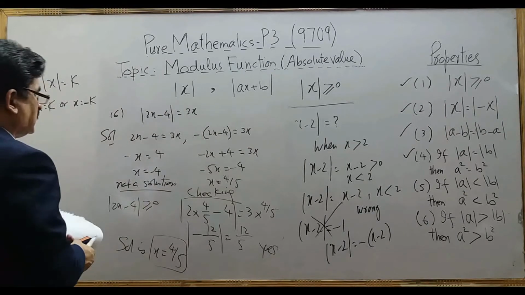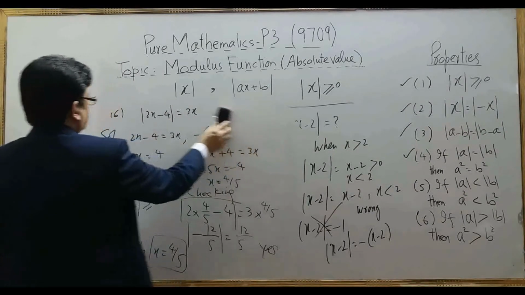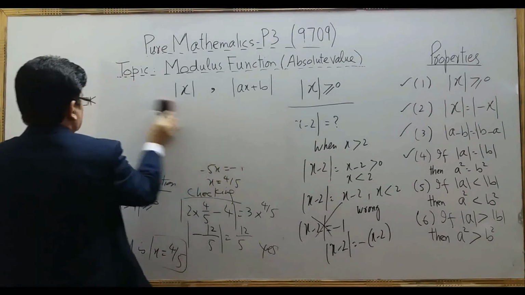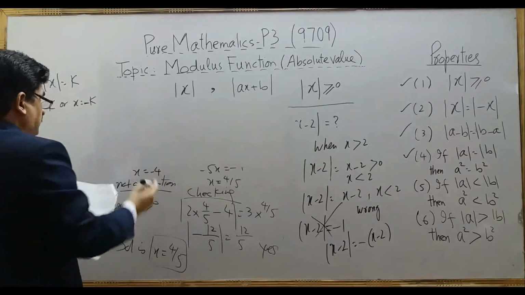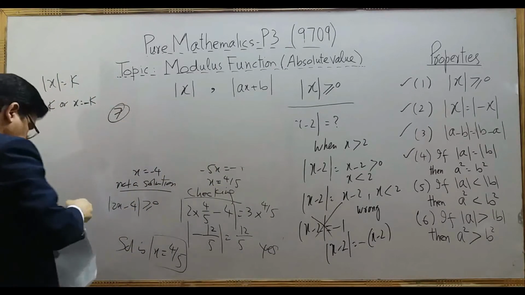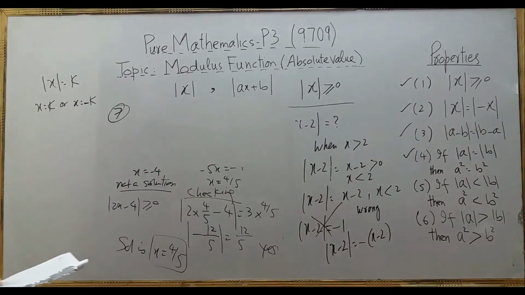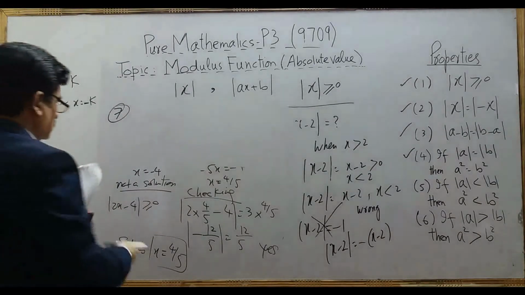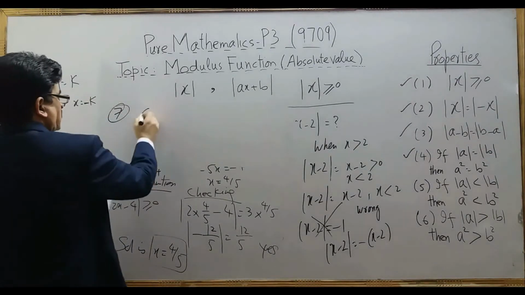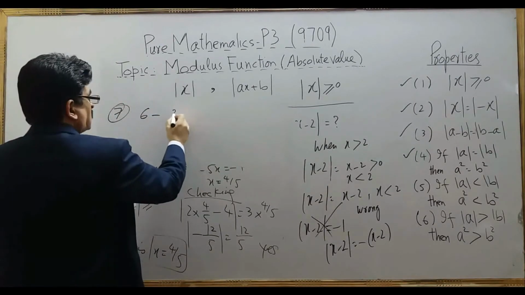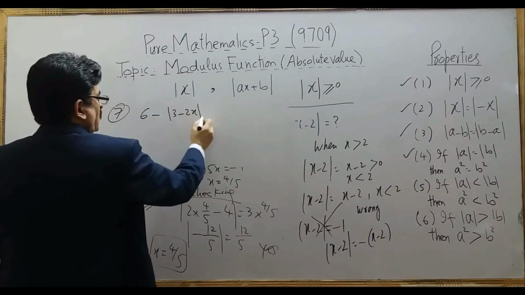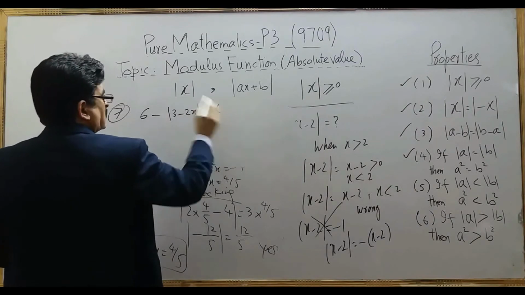Last example, with a somewhat different situation. Example number 7. Now again solve |2x| is equal to x.